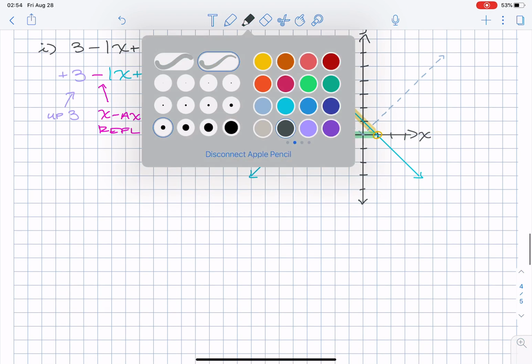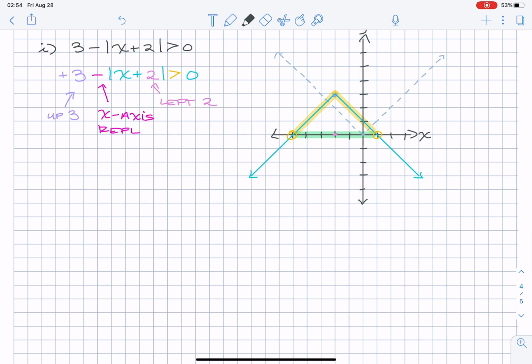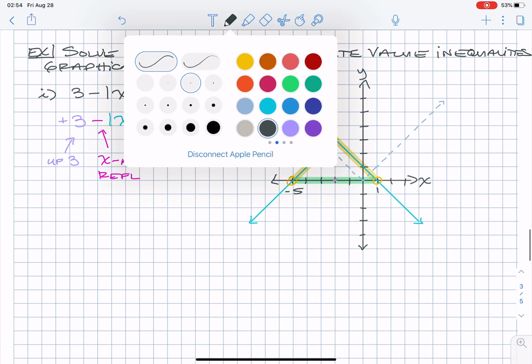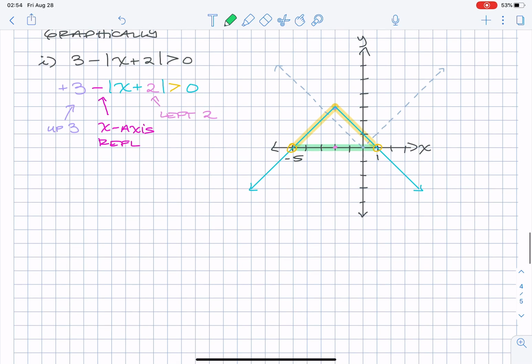Well, let's see, that was negative 1, 2, 3, 4. Oops, wrong tool. Negative 5 and 1. So I claim that the solution set will be the interval. So x will be between negative 5 and 1, non-inclusive because there's no equal, it's just greater than.